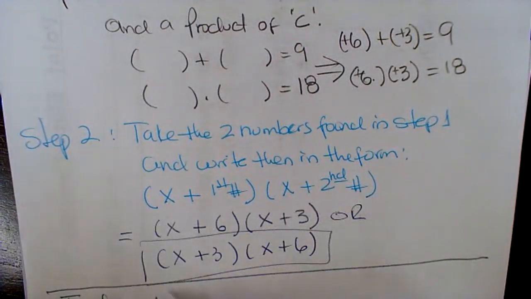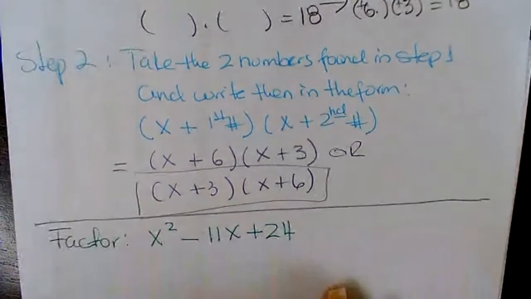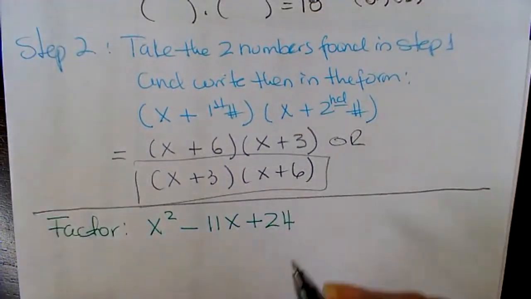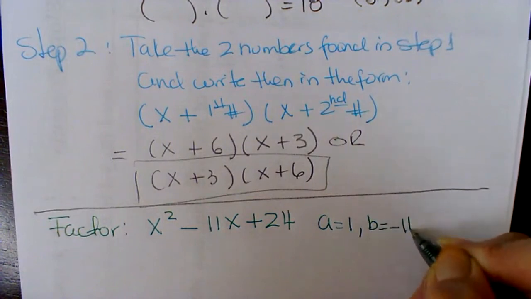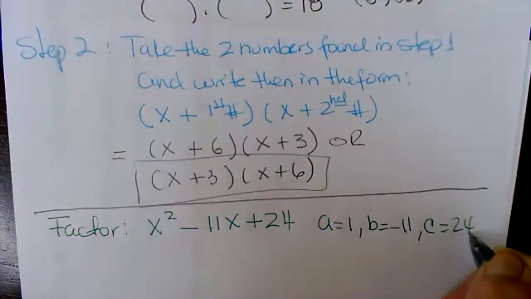So this one says factor x squared minus 11x plus 24. So again, A is 1, B is negative 11, and C is 24.